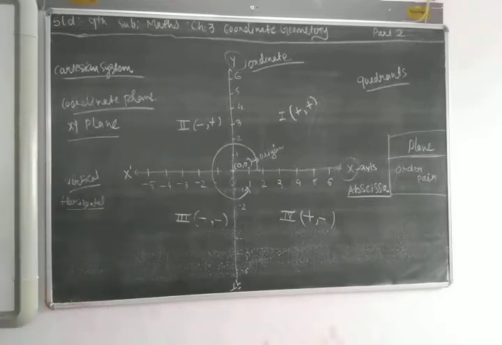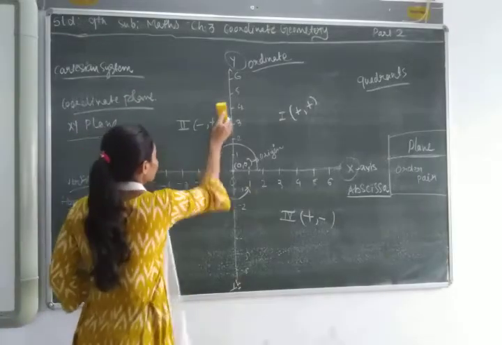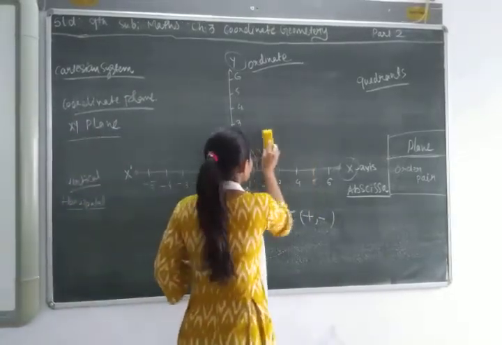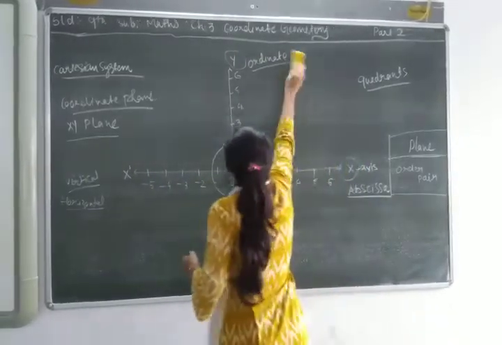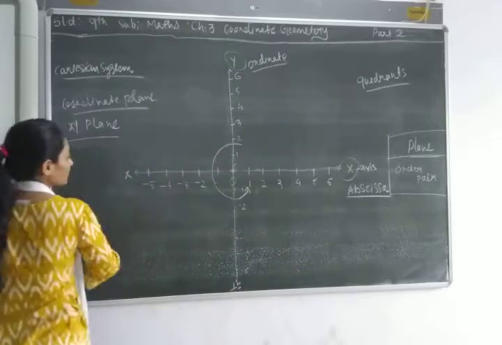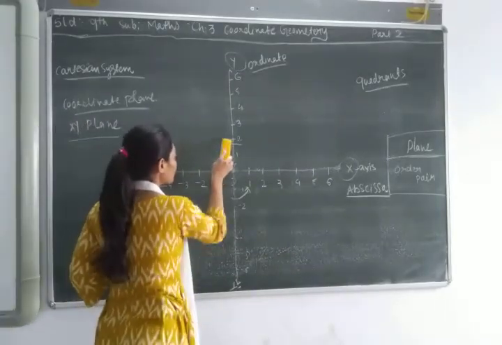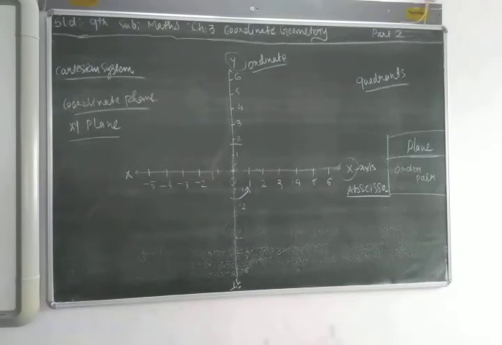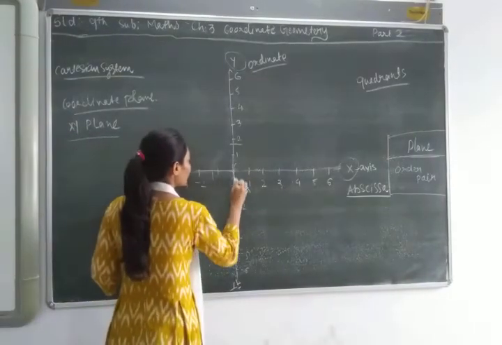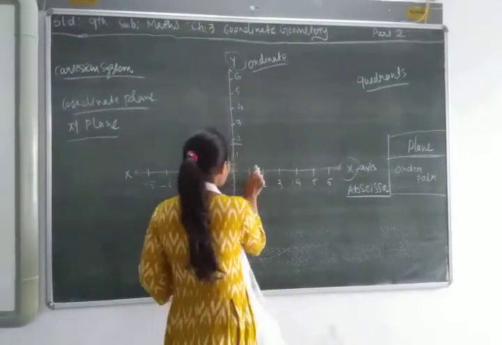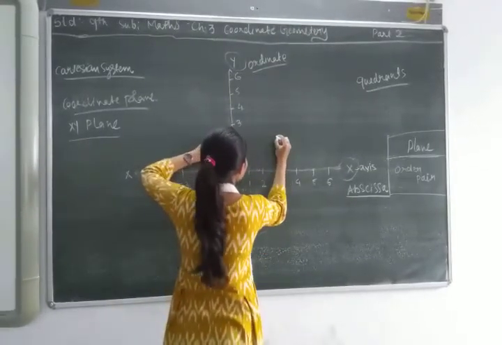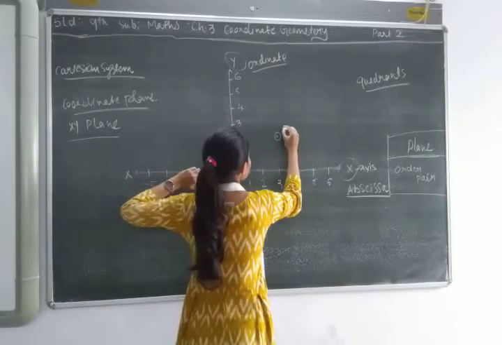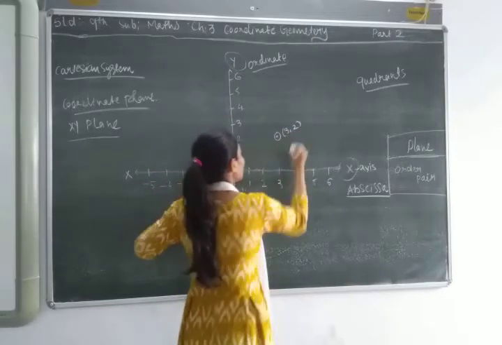Now, if some point lies over here, okay, so this one is x and 2.